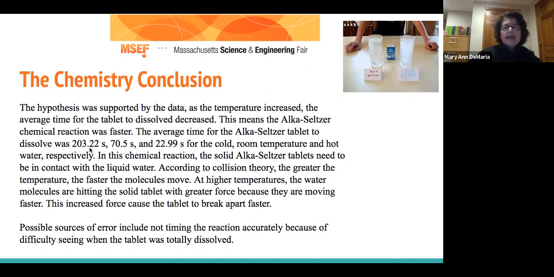So it takes 8 times longer for the tablet to dissolve in the cold water compared to the hot water. Or they could say it the opposite way. It's 8 times faster. So I would always like a second sentence just to drive that home to the reader that this is really good data. This is really showing you that the data support your hypothesis.